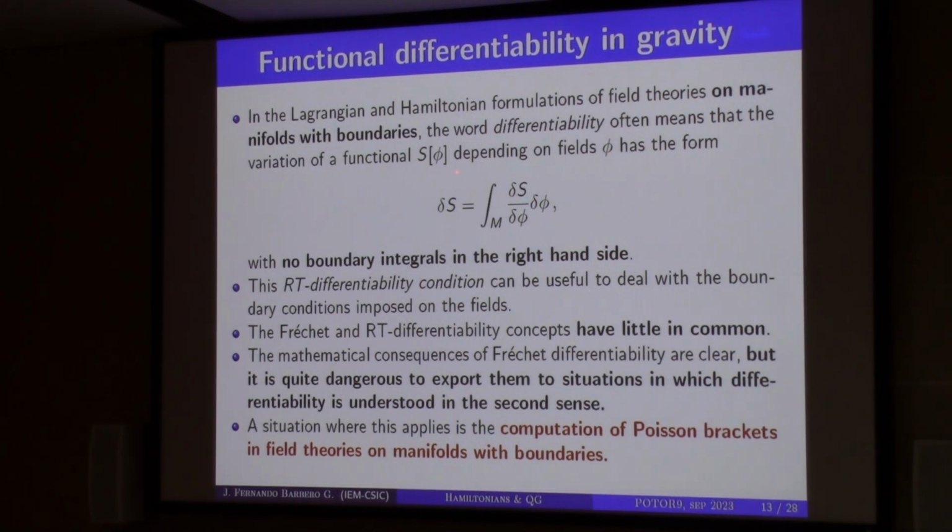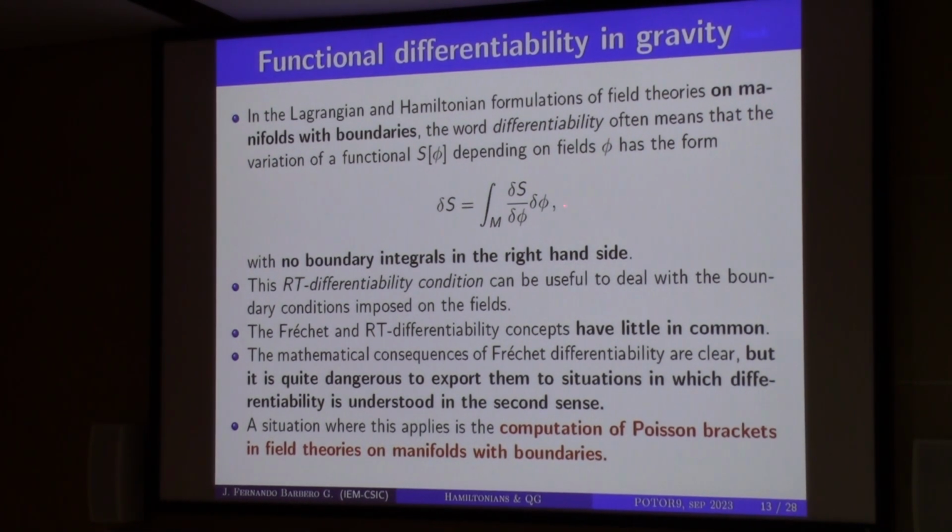You give me a function on some space of fields, defined on a manifold with a boundary. This other concept of differentiability means that if I compute variations of that function, those variations don't have a surface term and can be written in the following way. When that happens, people say that this thing is the functional derivative.